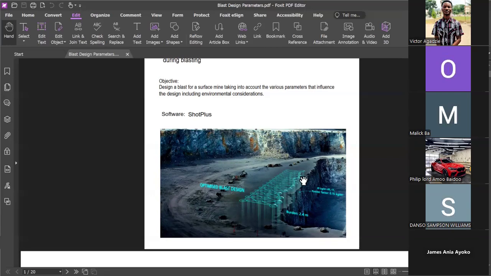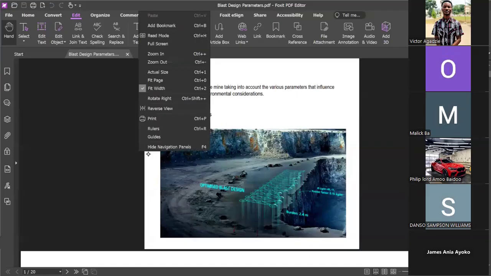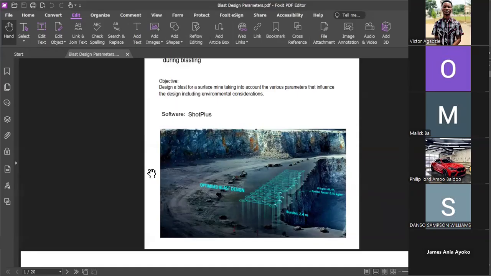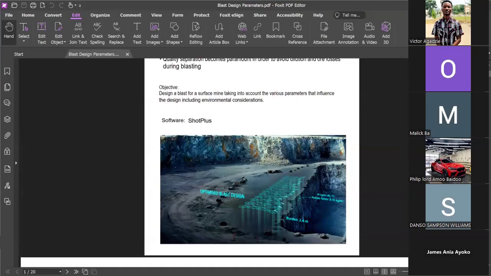So assuming there is ore here, if there is ore in that particular pattern, the way that you blast it should be different from when there is no ore. If there is ore, the geologists can influence the decision.